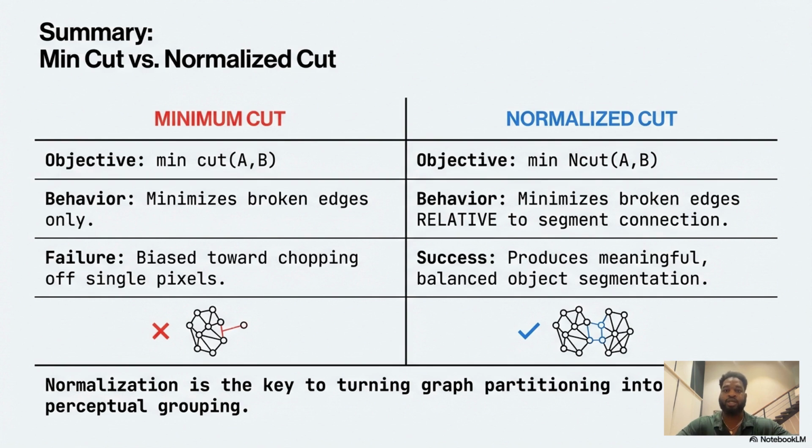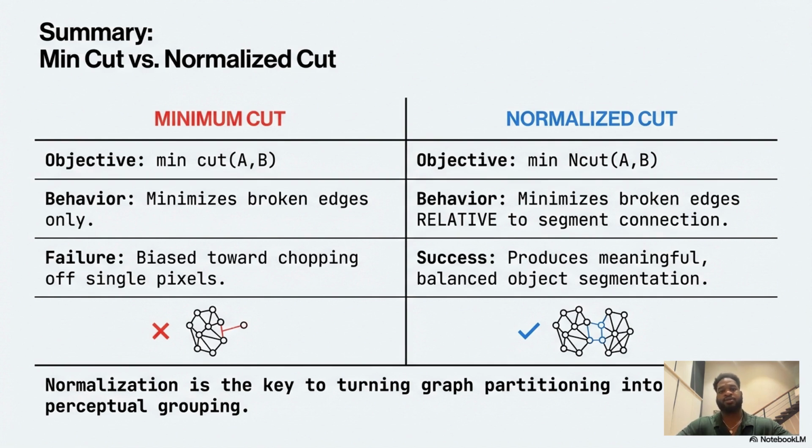And the result is that it often just cuts off tiny, useless specks. But the normalized cut, its strategy is to find balanced groups by weighing the cost against the group size.